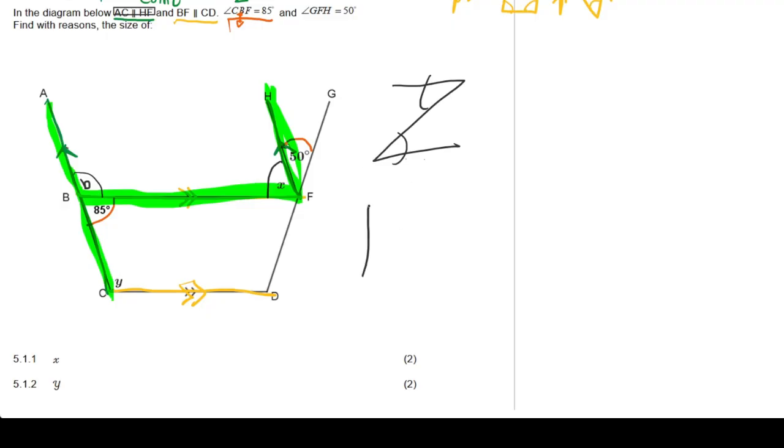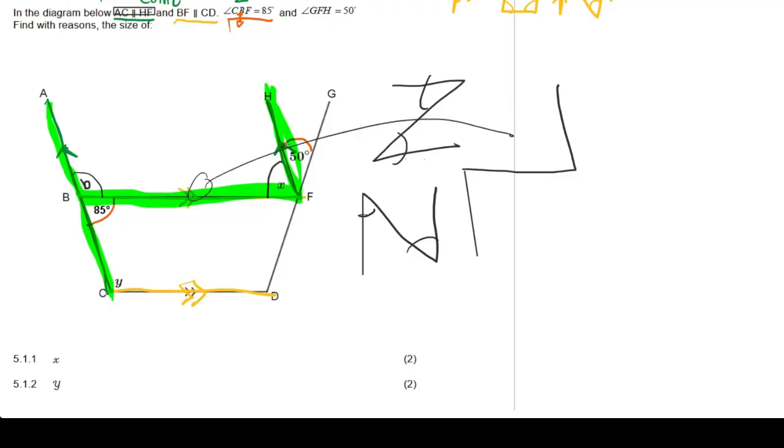If we make it like this, let's just extend this a bit more. Be like that, be like this, be like that. This is what we have here. This and this. Remember, these ones have to be parallel. This one doesn't.